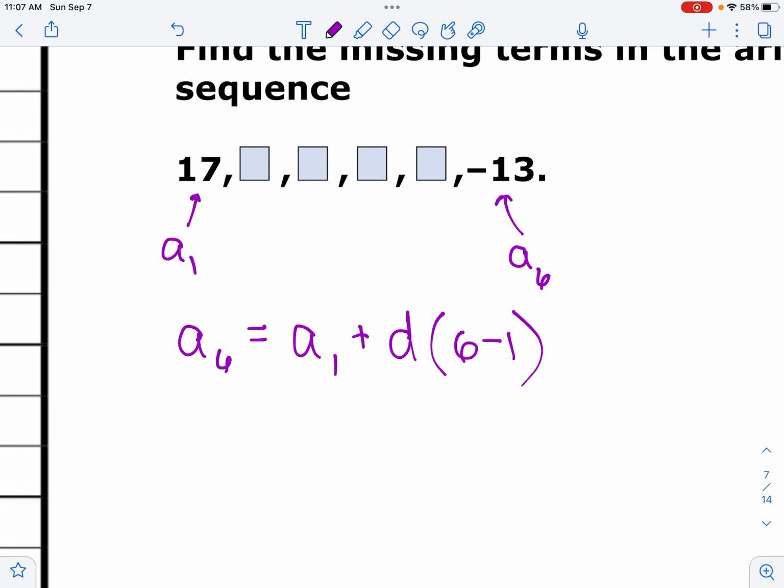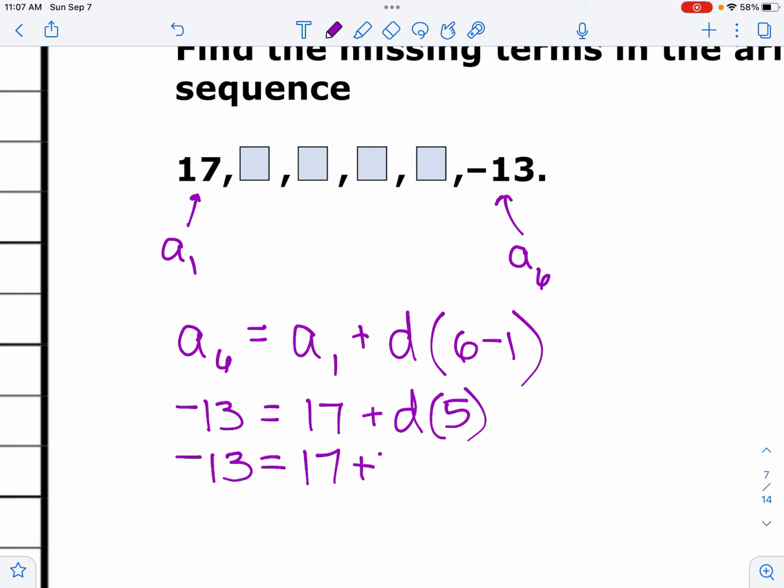Now let's just plug in. A sub 6 is negative 13. A sub 1 is 17. Plus the common difference, right? And then 6 minus 1 is 5. So now I'm just going to simplify that a little bit. That's 5d.